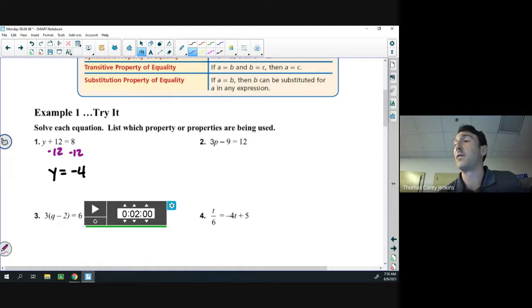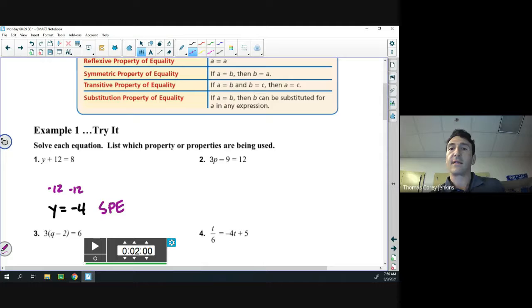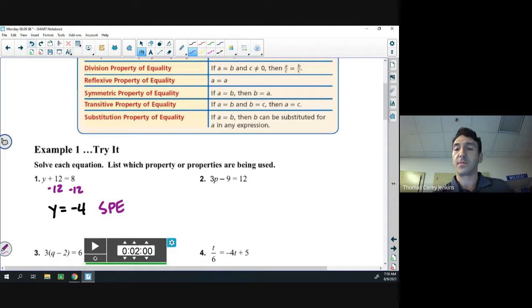I do want you to write what we did, though, since we subtracted from both sides. That would be the subtraction property of equality. So we'll call that SPE for short. Okay. So let's, multiple SPEs, so let's make that first one a little longer.